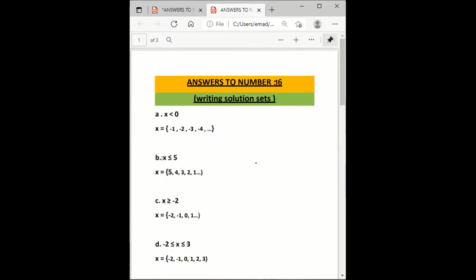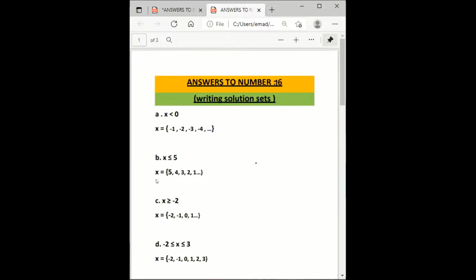We are going to read it as x is less than or equal to 5. So for the solution set here, we shall include 5 in the solution set because of this symbol here, which is read as less than or equal to. It means that 5 is going to be part of our solution set.